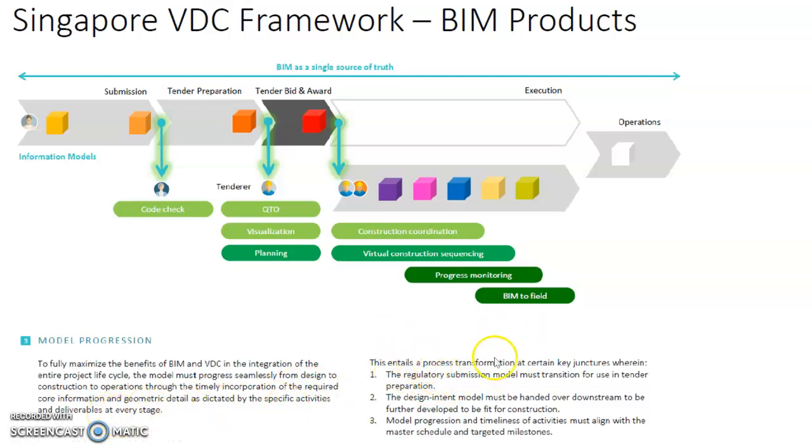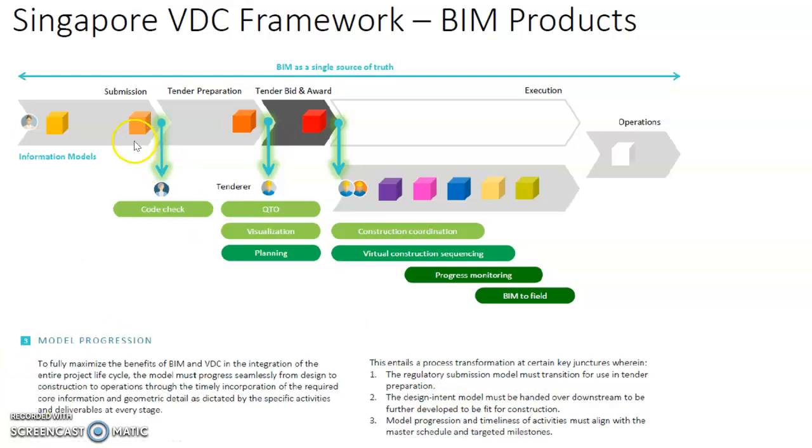So this entails process transformation at certain key junctions, wherein regulatory submissions model must transit for use in tender preparation. The design intent model must be handed over downstream to be further developed to be fit for construction. Model progression and timeliness of the activities must align with the master schedule and targeted milestone.